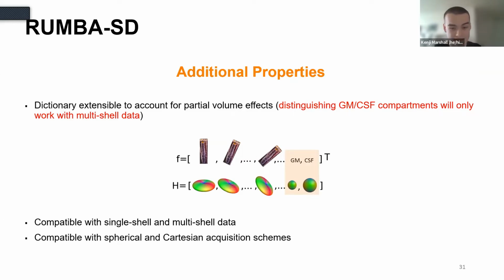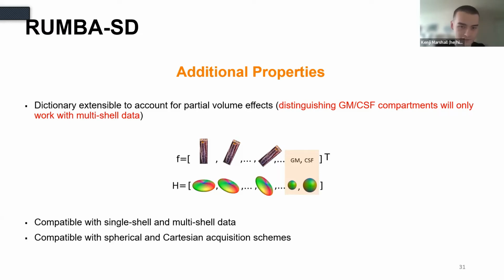All you have to do is add in a couple more columns to your dictionary, a few more dimensions to your FODF F, which correspond to gray matter and CSF. Since these are isotropic, their response functions are just spheres, whose radii correspond to the diffusivity of gray matter or CSF. And so RUMBA has this property built in, so it can estimate the volume fractions of gray matter and CSF alongside the FODF.